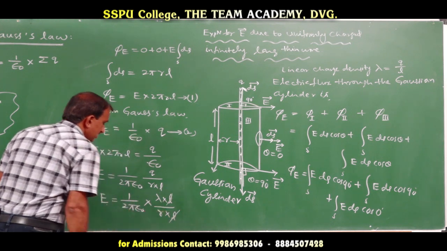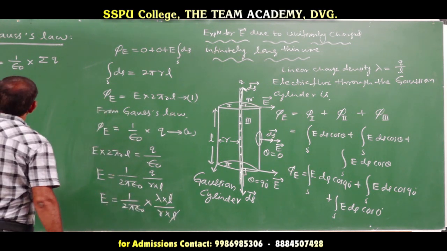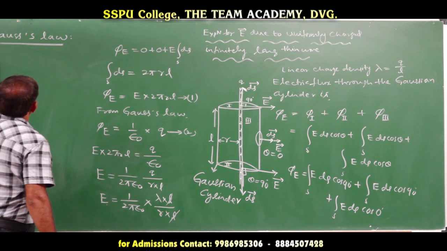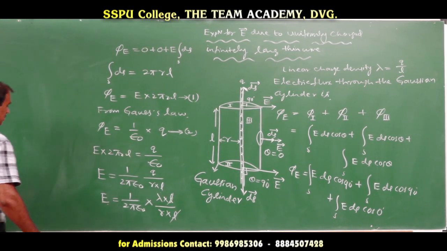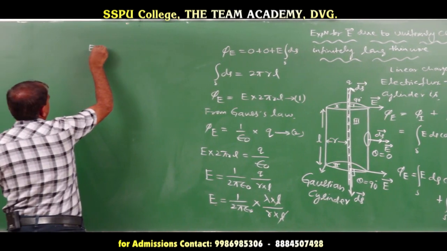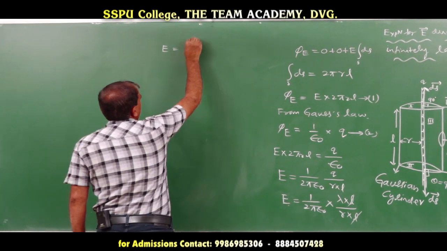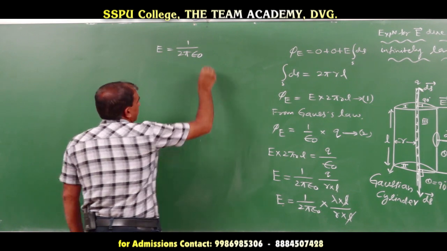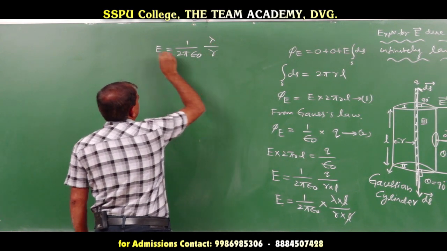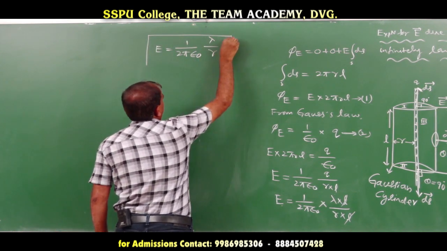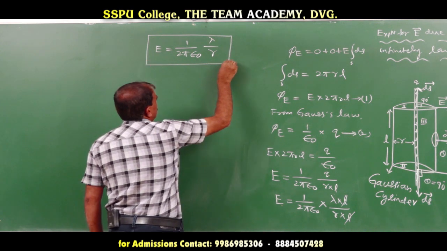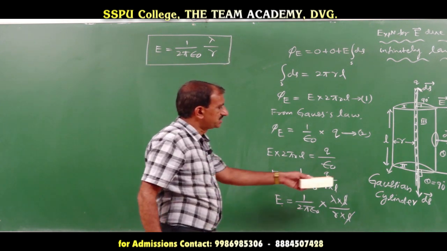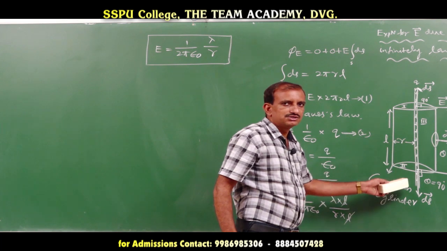This L gets canceled. Therefore, the expression for electric intensity is E equals 1 over 2 pi epsilon naught into lambda by R. This is the expression for electric intensity due to a uniformly charged infinitely long thin wire.